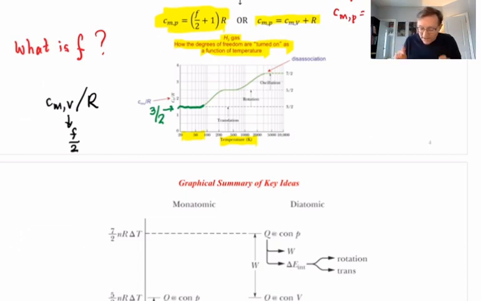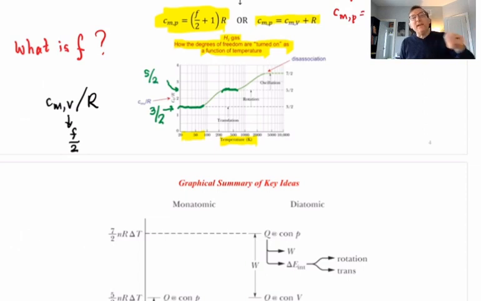But as you increase the temperature from 100 up to 200 and go high enough, you reach this plateau up here, which includes room temperature, by the way, 300 Kelvin. And on that plateau, the value on the vertical axis, right there, is 5/2.